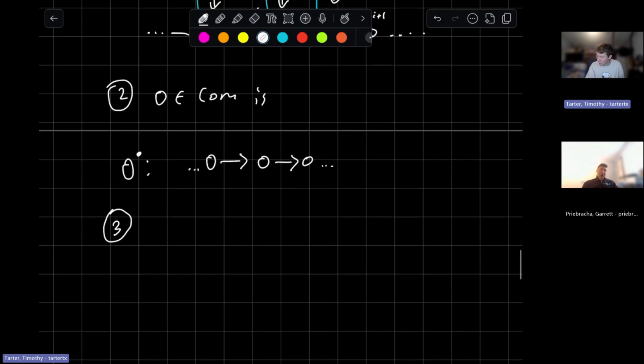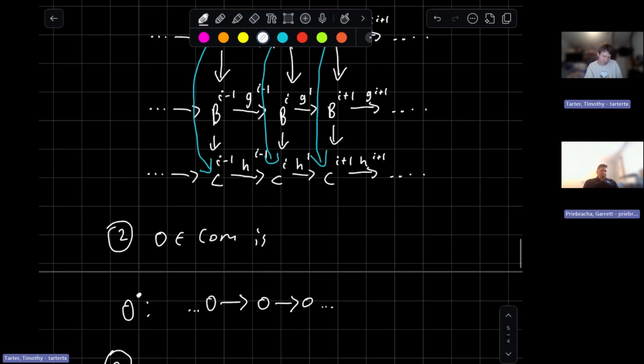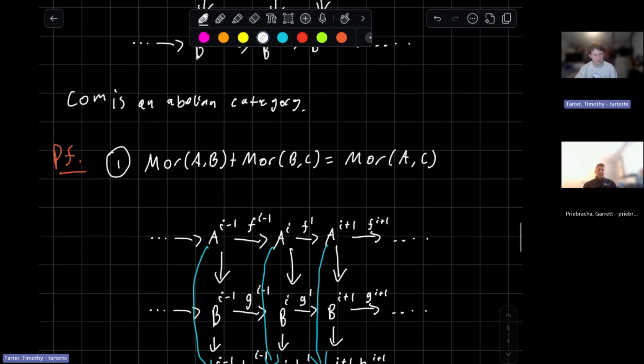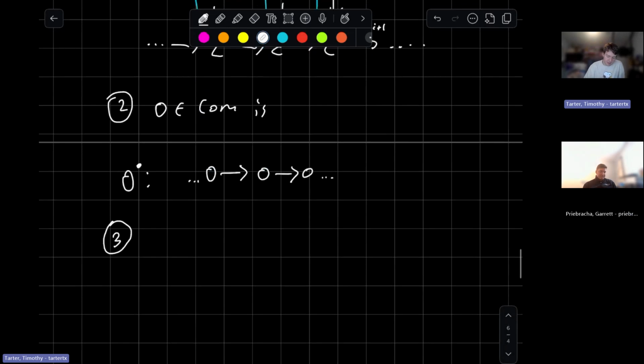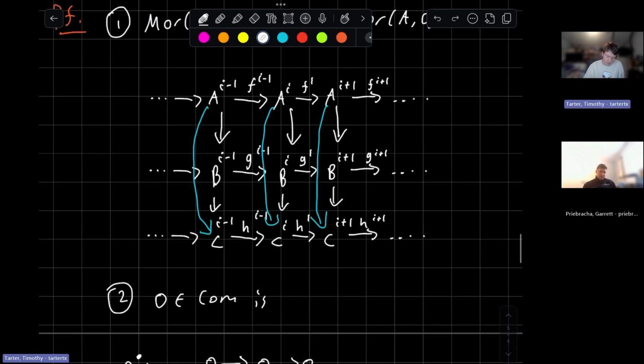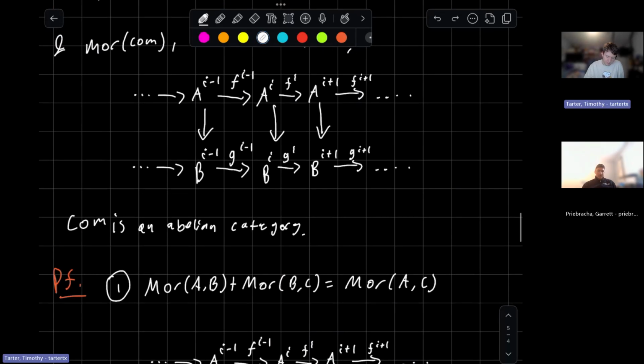And then it has the product of two objects. This is where we might get the base change diagram of pain and suffering. Let me copy the whole thing over.